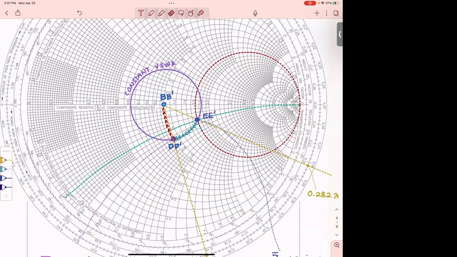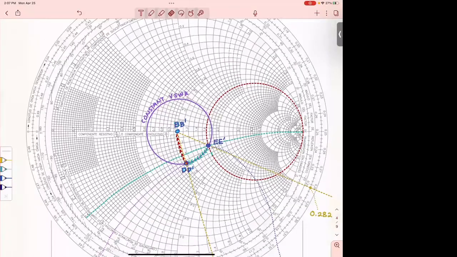And then I also have to find the circle that has all of the same imaginary parts, which is minus 0.4, therefore I go below. So I'm drawing this, and then the intersection of the two is my impedance at E prime. That is 1.6 minus j0.4.